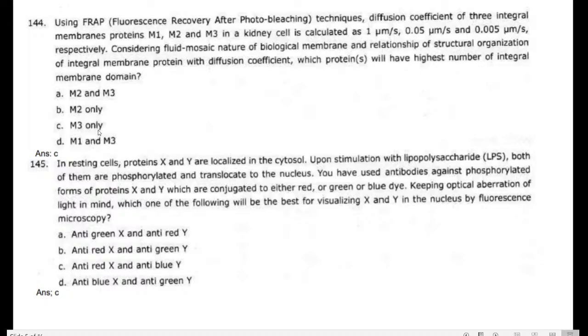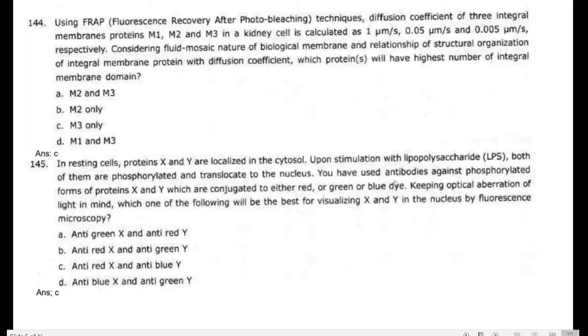So M3 only has that. Okay, in the resting cell, protein X and Y are localized in the cytosol. So two keywords here: protein X and Y are localized in cytosol. Upon stimulation with lipopolysaccharide, both of them are phosphorylated and translocated to the nucleus.